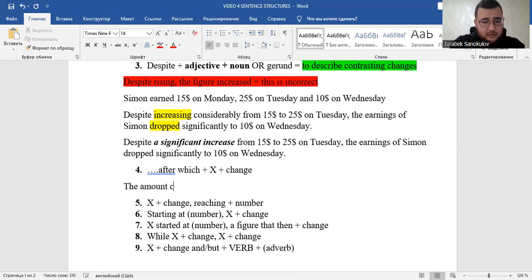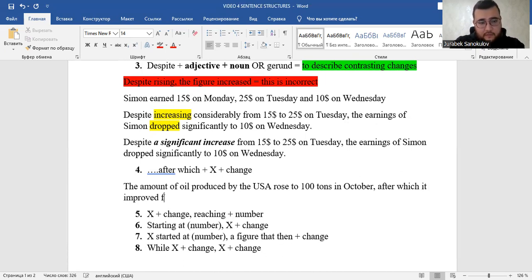The amount of oil produced by the USA rose to 1,000 tons in October, after which it improved further to 120 tons in December.